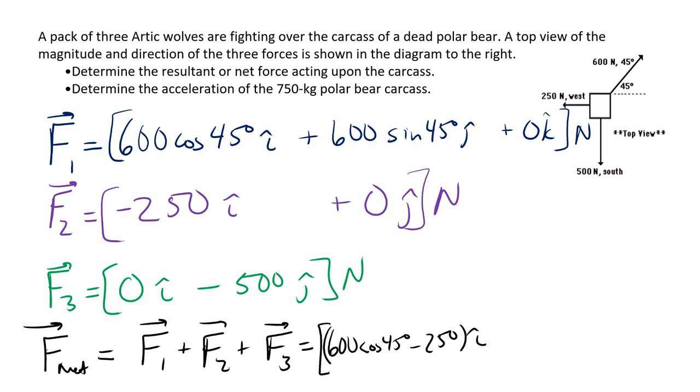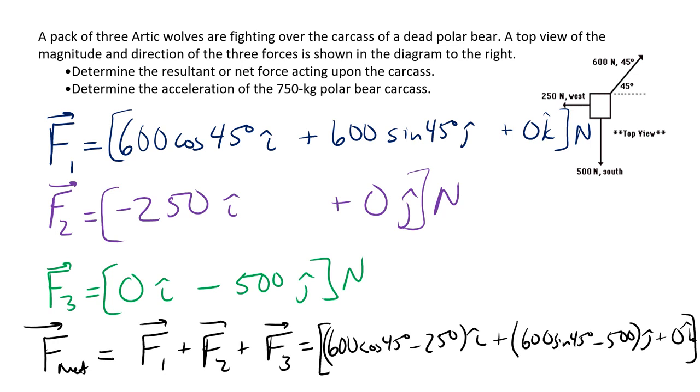And then you would have all your J hat components added together, and so then you would have 600 sine 45 degrees minus 500 quantity J hat, and of course for the K hat, you would have just 0 K hat. And so then you would have your net force equation and do this calculation.